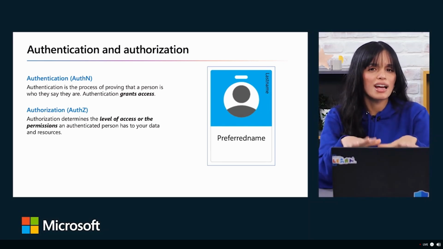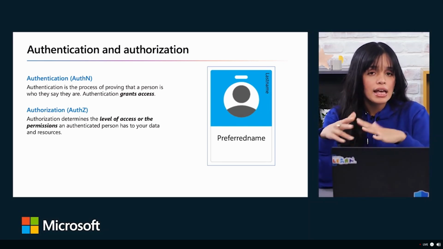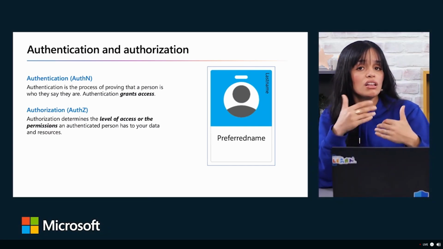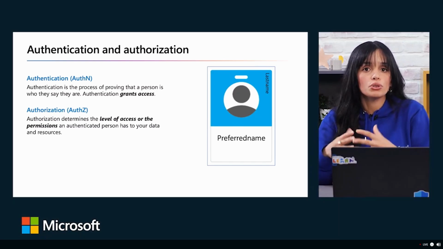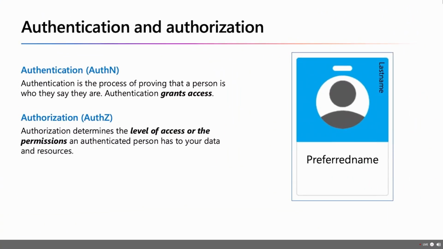This is where the second part starts, which is authorization. Authorization, also sometimes referred to as Auth-Z, simply allows you a level of access to a service, what you should be permitted. Once you authenticated yourself, we will apply that. For instance, if I try to look into a database, I would be challenged by authentication to ensure I'm allowed to log into that database with my username and my password, to ensure I'm the correct person.